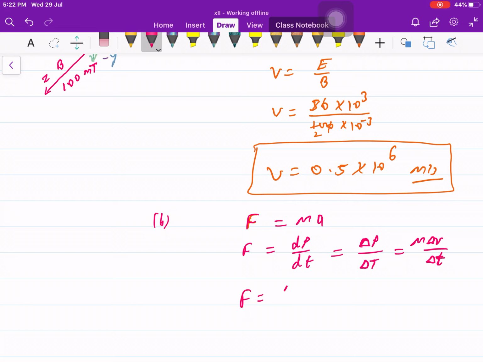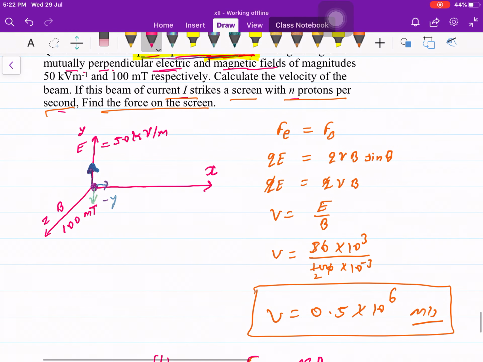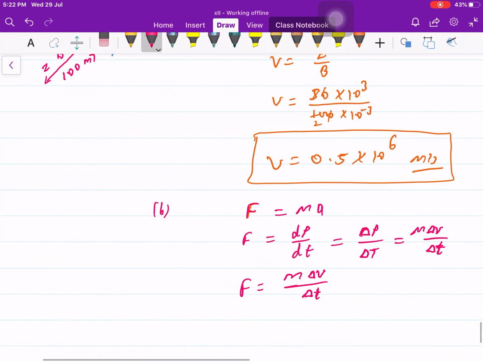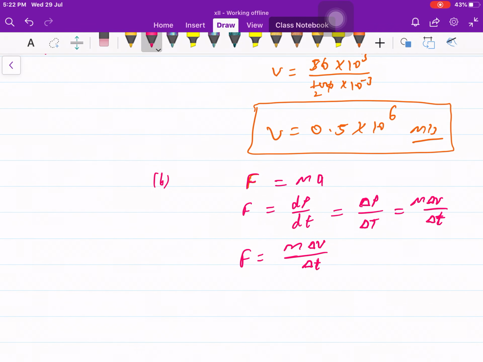Force is equal to mass into change in velocity upon time. See the question once again. This beam of proton is striking a screen, meaning after striking the screen their final velocity will become 0. So v will be 0 and u is what we have calculated.